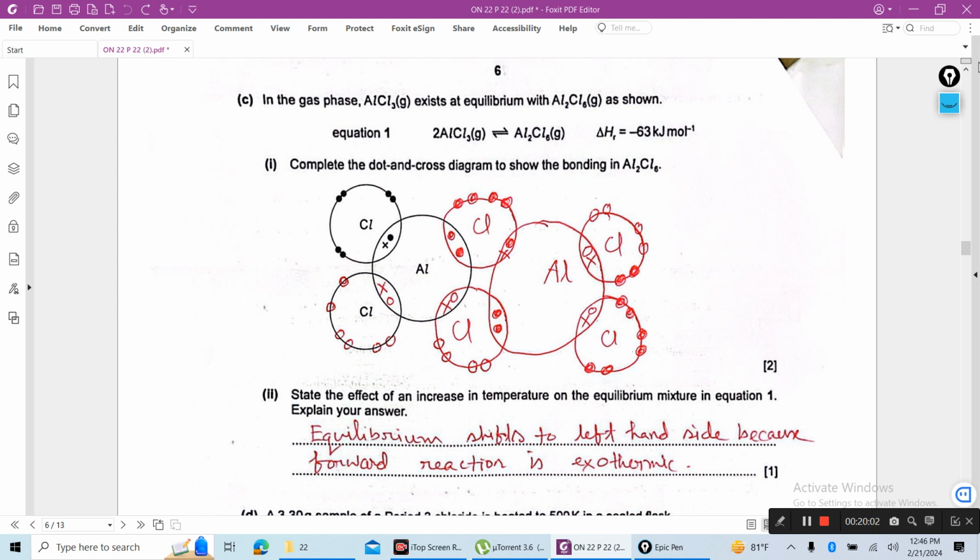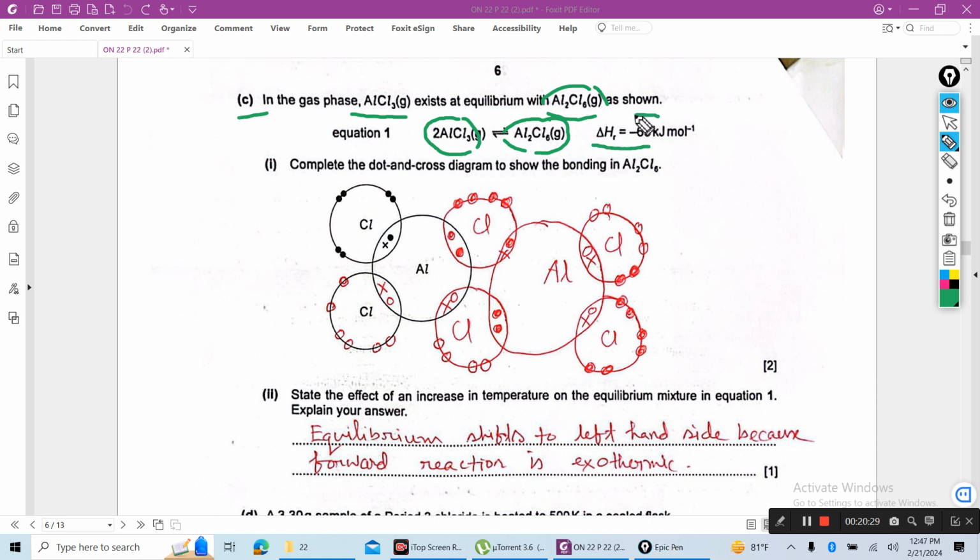Now part C. In the gas phase, aluminum chloride exists in equilibrium with the Al2Cl6 dimer. Two aluminum chloride molecules combine to form the dimer.